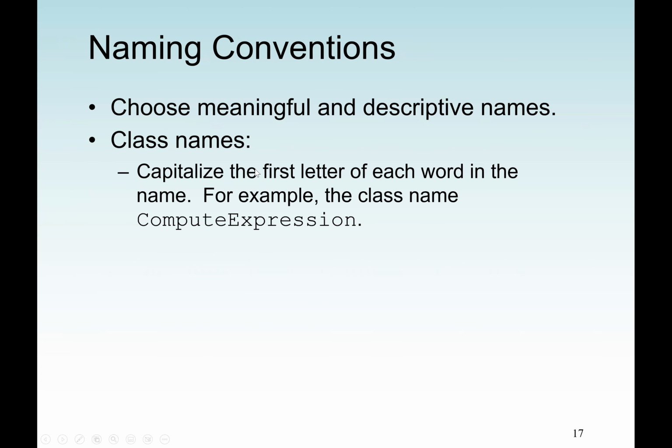For example, if I want to store the final exam score, I may name the variable finalExamScore or finalScore. That should be a meaningful name. Always we want to name our functions or methods and also the variables with a meaningful name that can express what the program is doing.